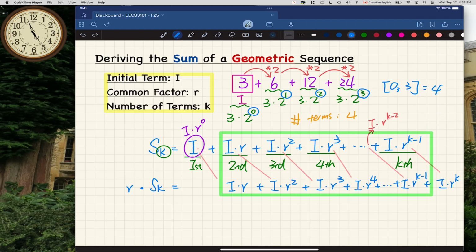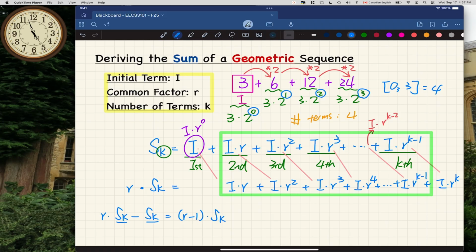We're going to have r times sk minus sk. We're going to subtract this one here from this. That one there, if you factor out sk, you actually get r minus 1 times sk.